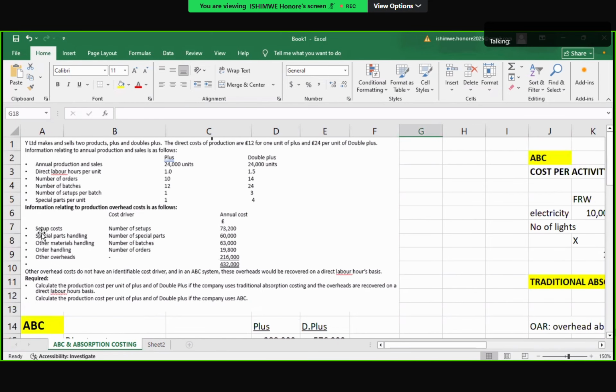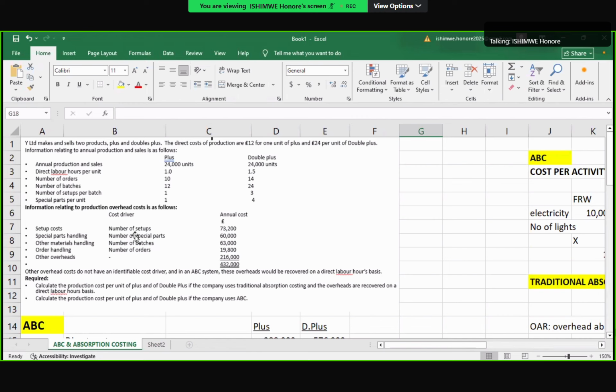Look, the examiner said setup cost, you have to use number of setups. The way the question says it, for setup cost you have to use number of setups. And the information you have is number of setups per batch. Do you think you should use number of setups per batch? It is different from number of setups.